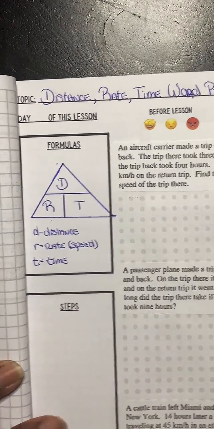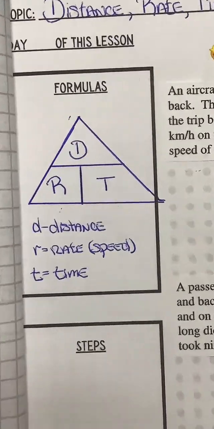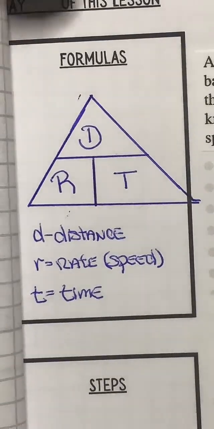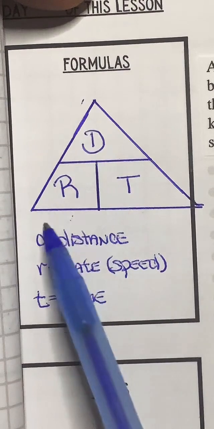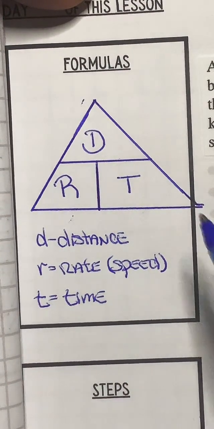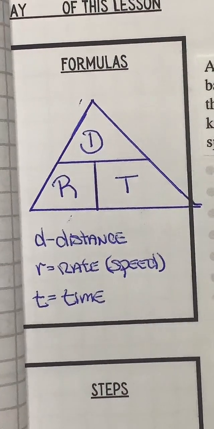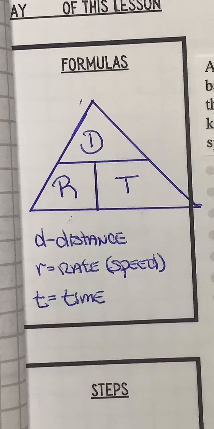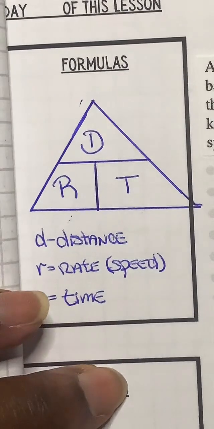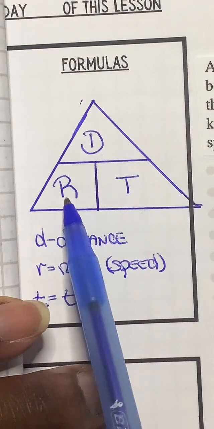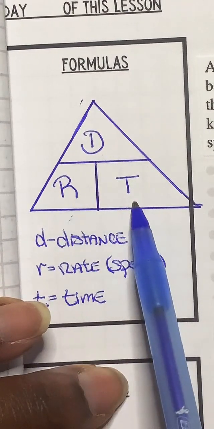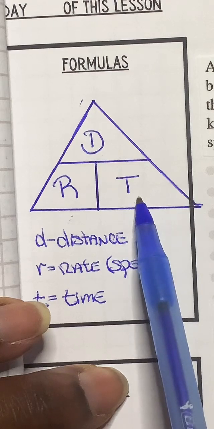All right, so let's zoom in to the whole process. Now, you probably have seen this triangle once before. Some of you may have seen it in another instance, especially for science, where it's usually mass, density, and volume.